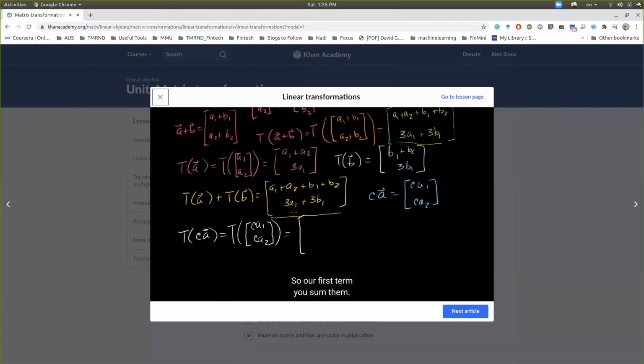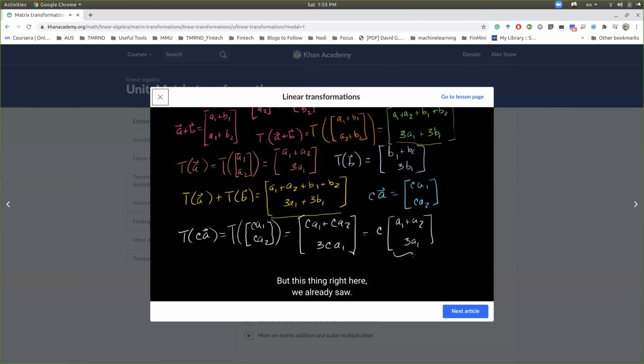So our first term is CA1 plus CA2, and then our second term is 3 times our first term, so it's 3CA1. Now, what is this equal to? You could view it as factoring out the C. This is the same thing as C times the vector A1 plus A2, and then the second component is 3A1.